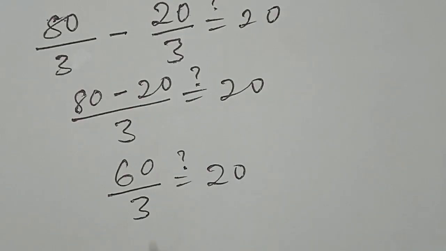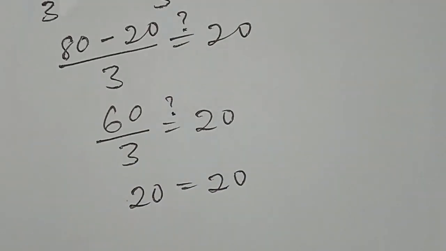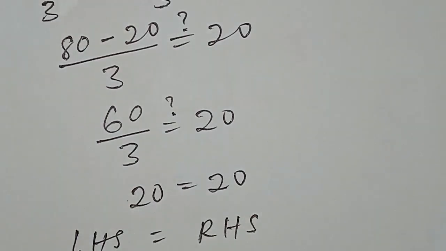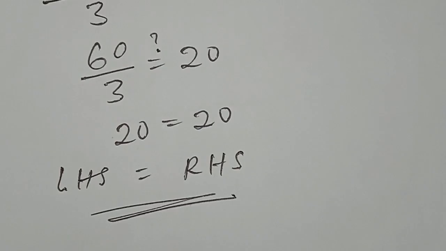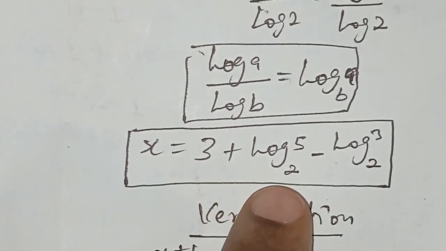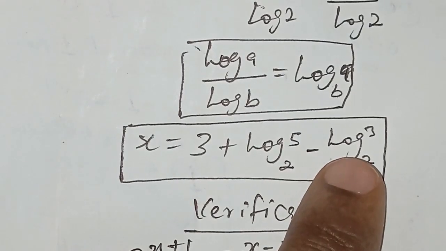So if we divide 60 by 3, we now have 20, which is equal to 20. So as you can see, the left hand side is equal to the right hand side. LHS equal to RHS, which proves that the value of x is correct for x equal to 3 plus log base 2 5 minus log base 2 3.